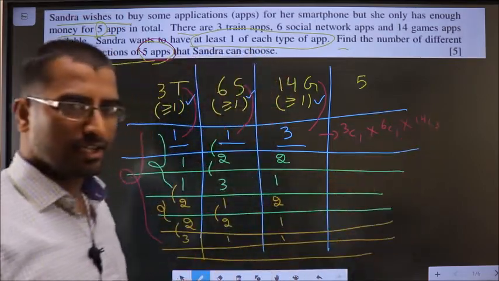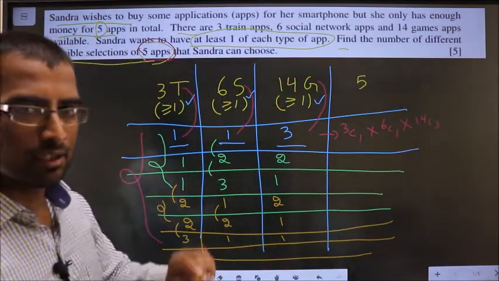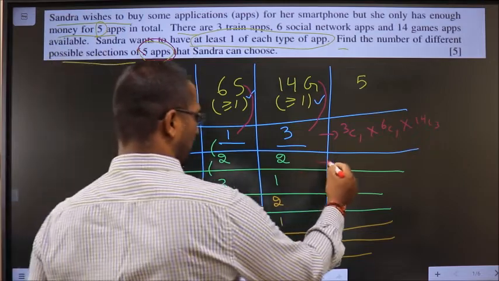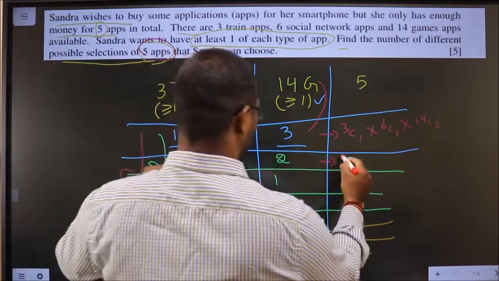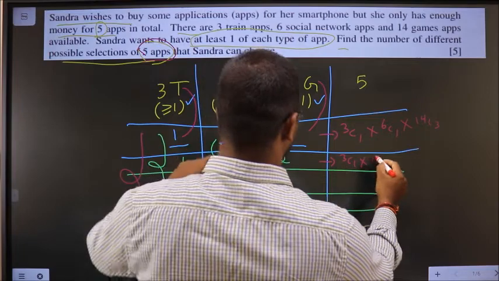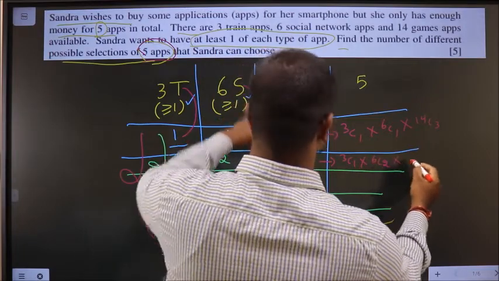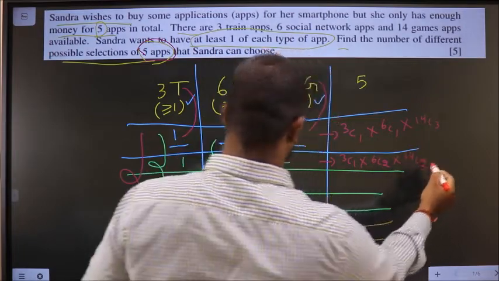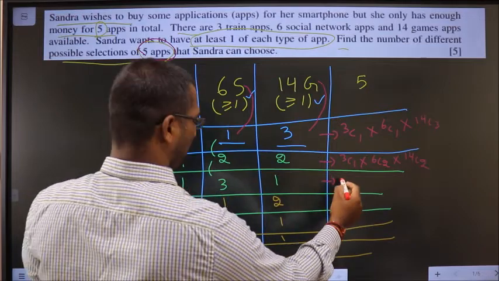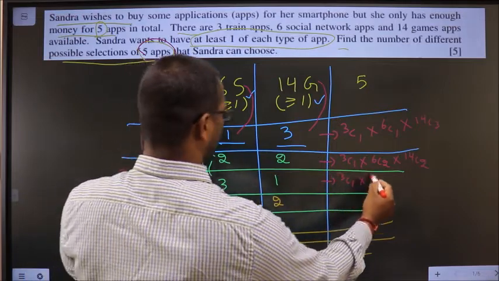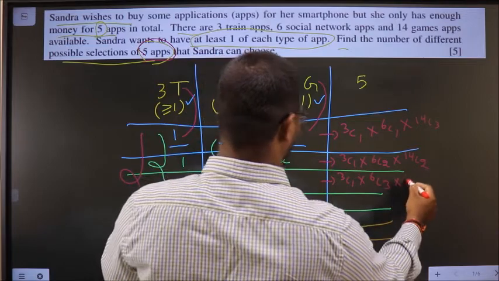Did you understand? Same way I write for other rows. For this, it will be 3C1 into 6C2 into 14C2. And for this row, 3C1 into 6C3 into 14C1.